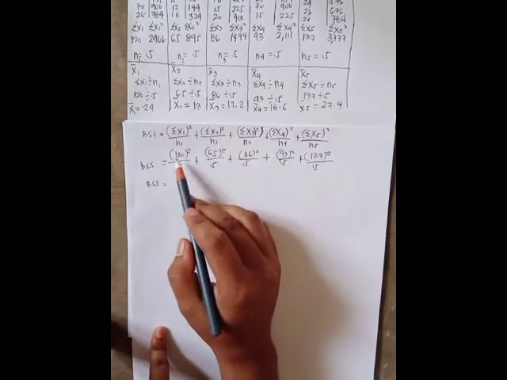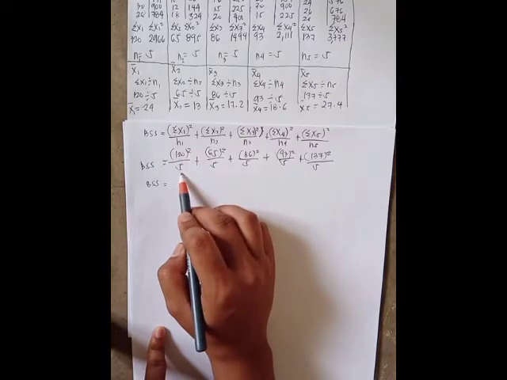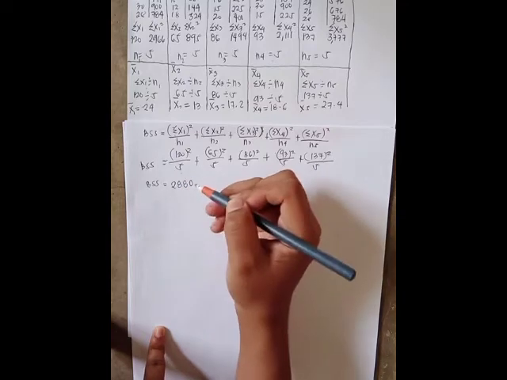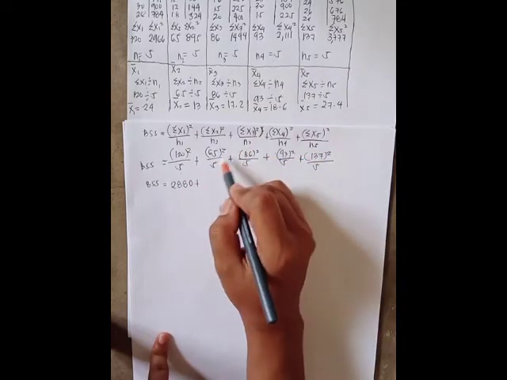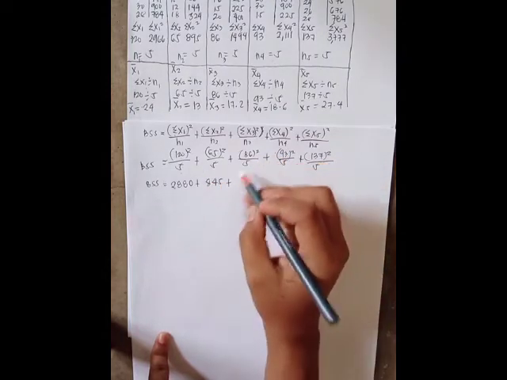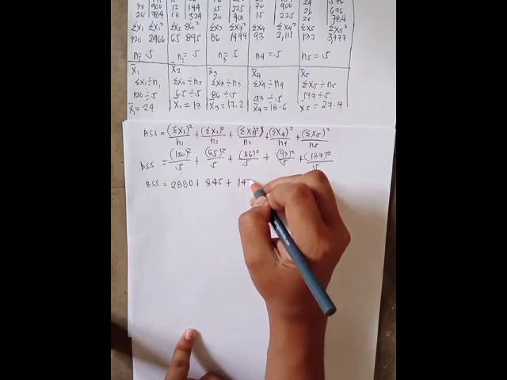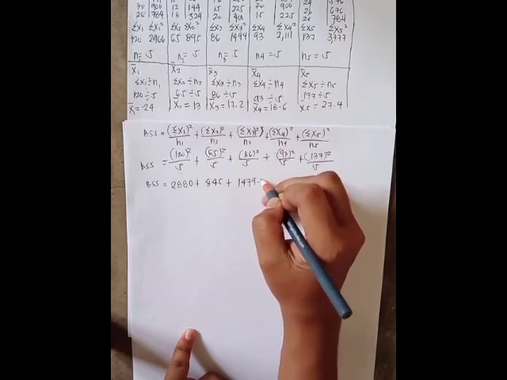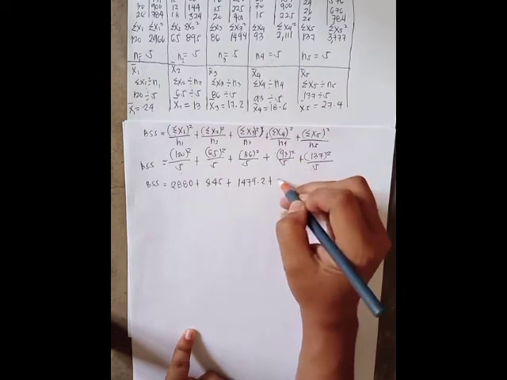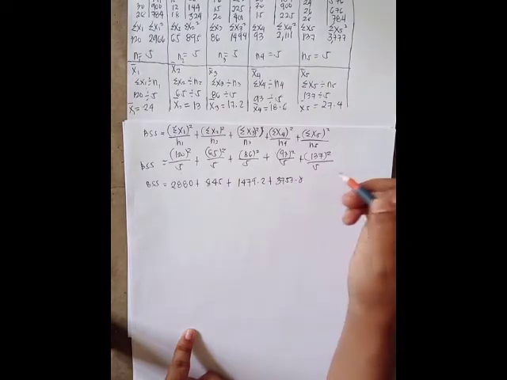Next, we're going to square this: 120 squared and divided by 5, so we can get 2,880. And add it with our 65 squared, divided by 5, which is equal to 845. And add it with our 86 squared, divided by 5, which is equal to 1,479.2. Add it with our 93 squared, divided by 5, which is equal to 1,729.8.